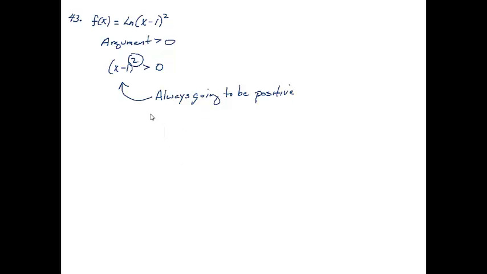And it should remind you of the polynomial inequalities that we worked before. This is a polynomial inequality. If I was to multiply this out, I would have x squared minus 2x plus 1 must be greater than 0.